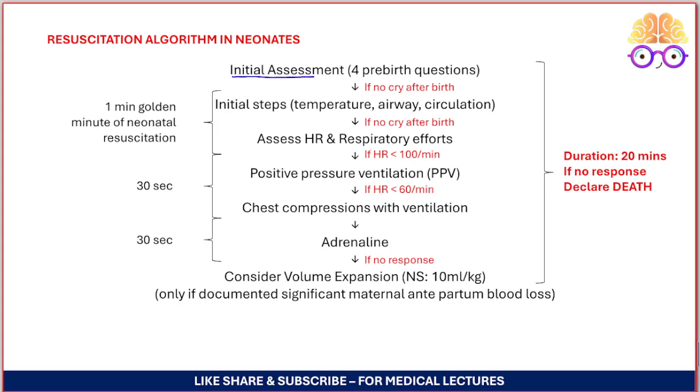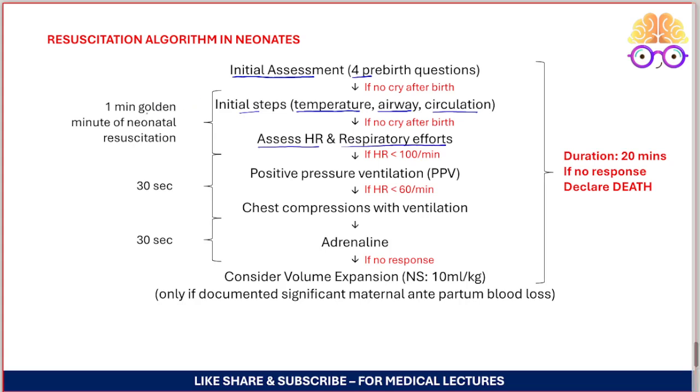Initial assessment will be asking the 4 pre-birth questions. Okay, and if the baby does not have any cry, initial steps will be to record the temperature, airway, and circulation. And even if the baby does not cry after that, we need to assess the heart rate and the respiratory efforts.